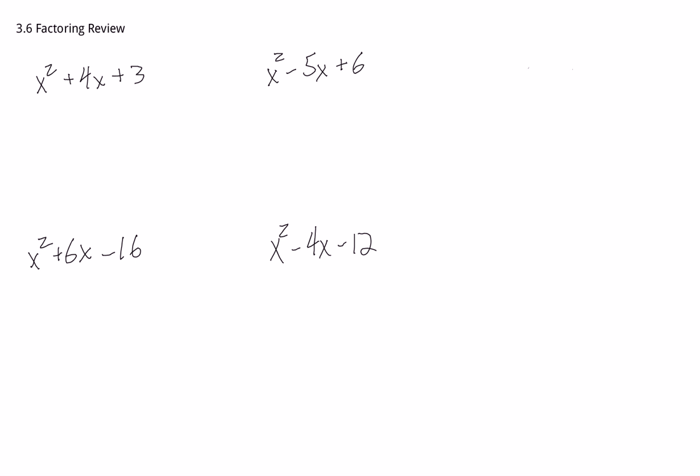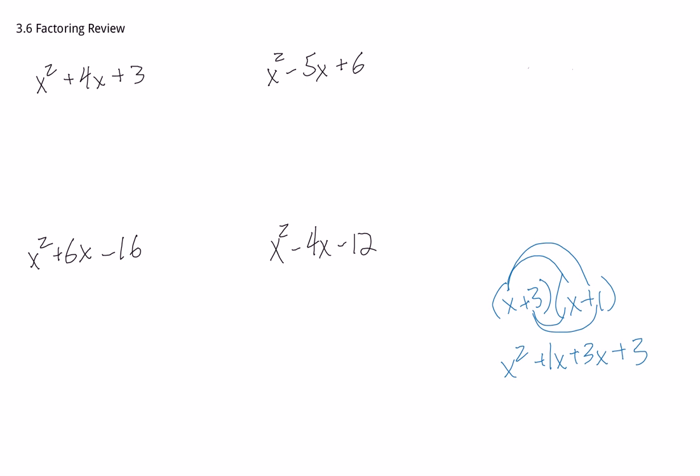So if we have a trinomial like any of these examples that I've got written on here, we have three terms. If we remember back, let's look at an example from last year. If you multiply x plus 3 times x plus 1, and you FOIL those out, you'd have x times x would be x squared, x times 1 would be 1x, 3 times x would be 3x, 3 times 1 would be 3.